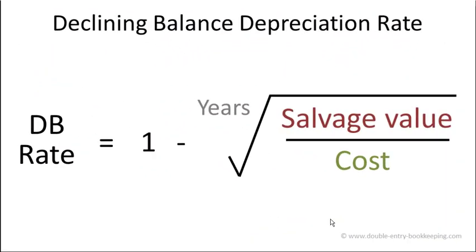So we can compute the rate of depreciation like this: 1 minus root n of salvage value divided by cost. So salvage value is the residual amount, so you divide the residual amount by the cost and get the root, n represented by the useful life. You can deduct that answer from 1, then you can decide what is the depreciation rate. So we'll now see how this rate comes.